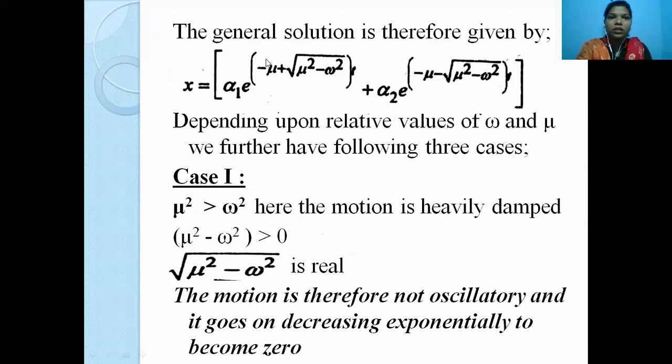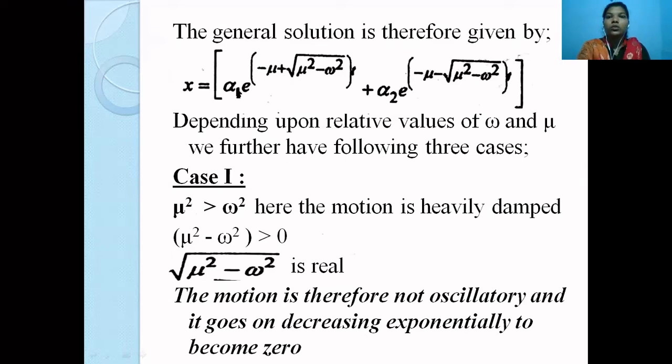So the general solution is now given by a alpha 1 e raised to minus of mu plus, so we had two solutions, right? Minus of mu plus minus square root of mu square minus omega square. The plus I can write for alpha 1, and the second, which is the minus term, I can write for alpha 2.